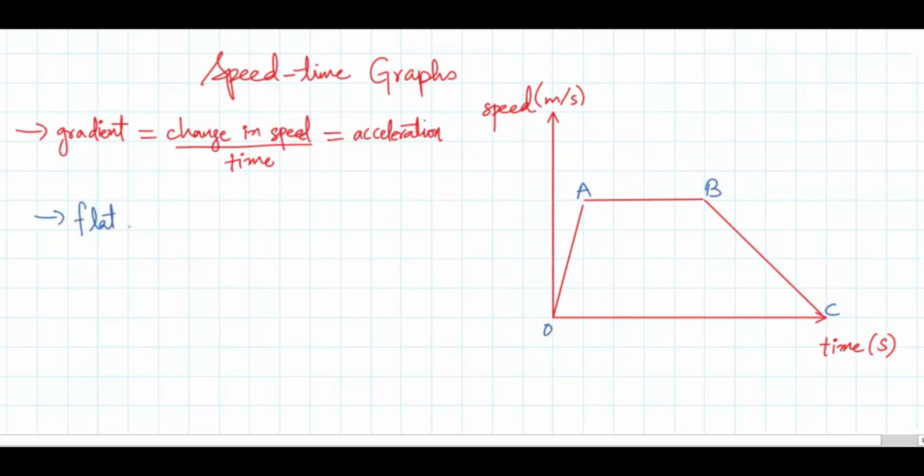For a flat line like AB, we know that the gradient is 0, which means that the acceleration is 0. And if the acceleration is 0, it means that there is no change in speed, which means that the speed is constant.